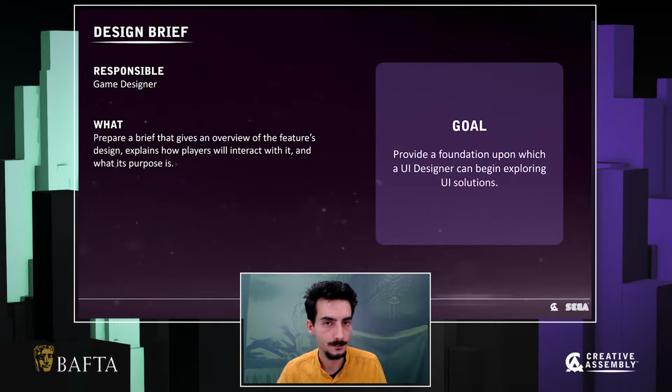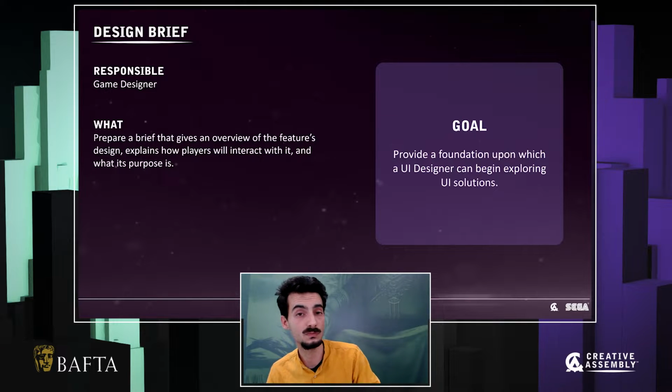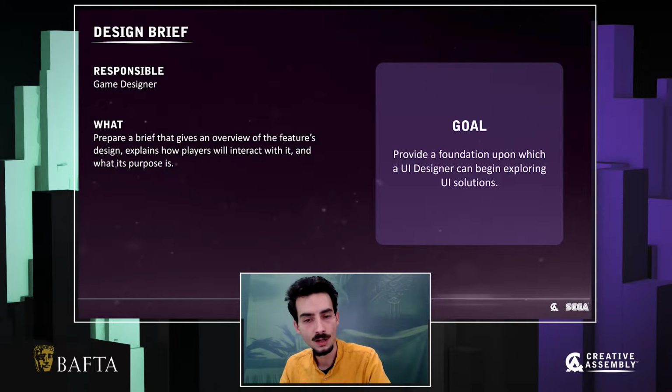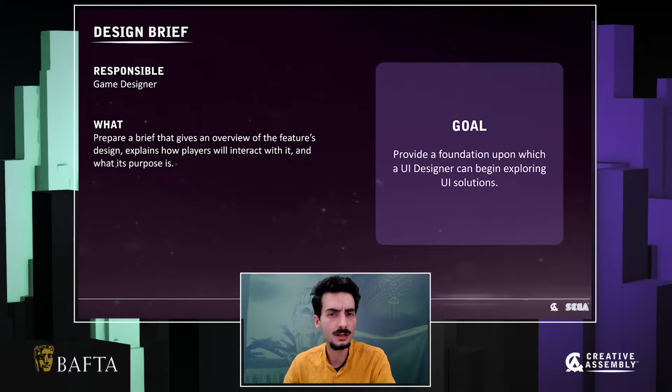Honestly, it can be anything. And we employ multiple different tools at CA to build design briefs. We're going to cover some of the most useful ones, in my opinion. But honestly, it can even be a simple 1 or 2 page document that just gives an overview of how the feature is supposed to work.